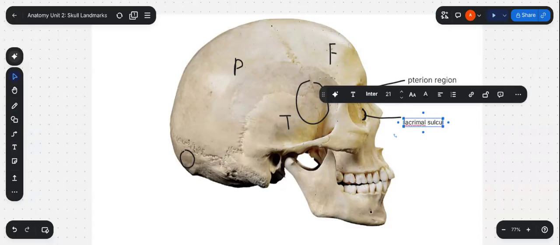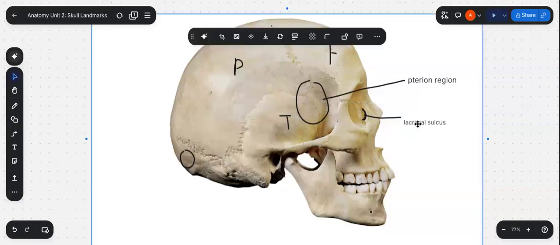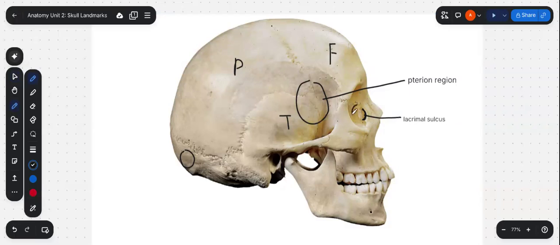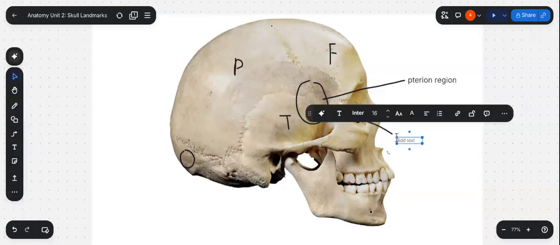This is also where your tears come from. So it's towards the inner corner of your eye, lacrimal sulcus. Then you have the lacrimal bone, which is just like the bone region right next to it. So that would be the lacrimal bone.